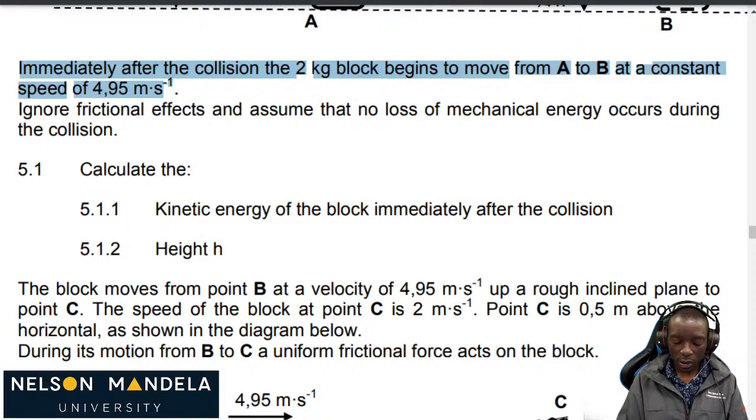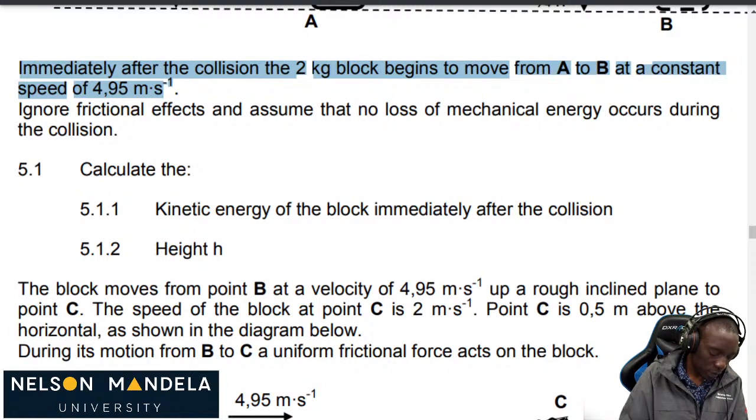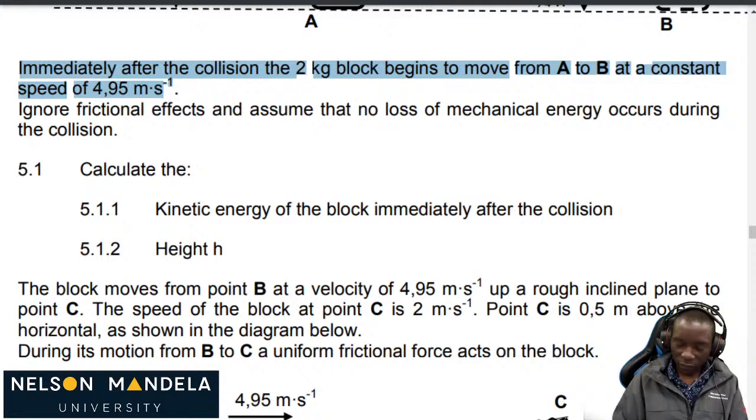Kinetic energy is equal to half mv squared, which is half times the mass of the block, 2, and the velocity we were given, 4.95 squared, which is 24.5. So this is the kinetic energy of the block immediately after the collision.